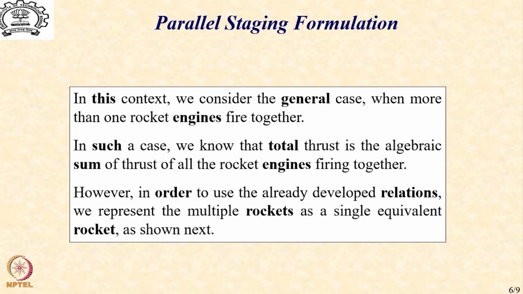However, if we want to make use of the relations that we have already developed for trajectory calculations and multi-stage configuration design, then we need to represent the multiple rocket firing as a single equivalent rocket firing, as has been shown next.